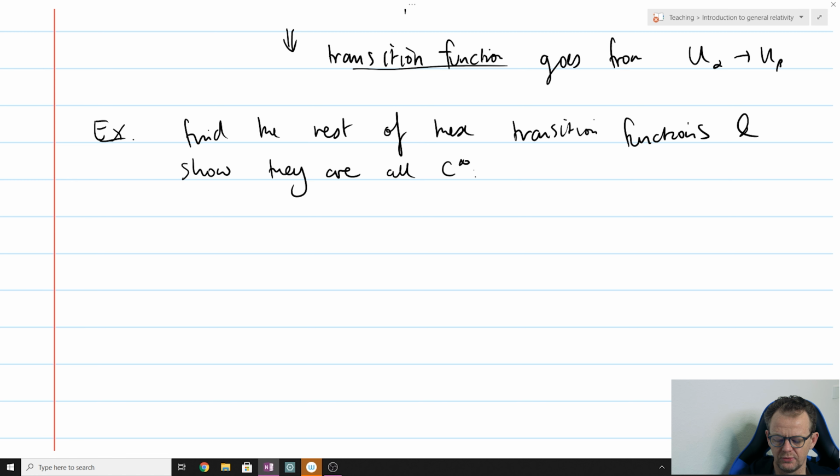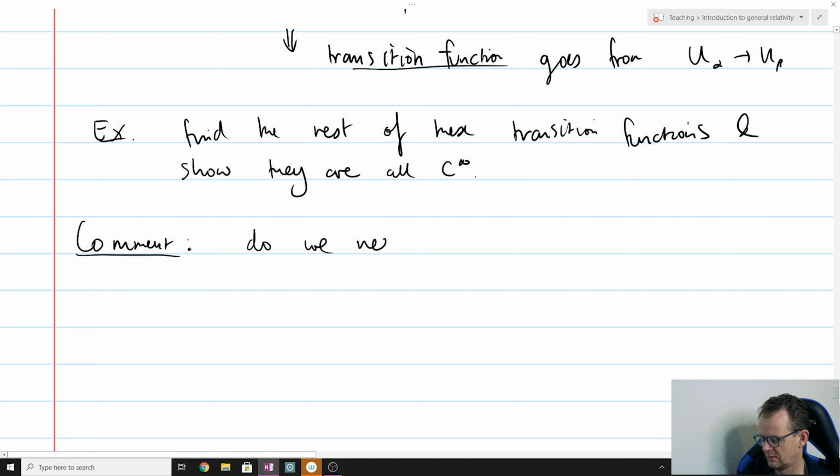Okay, so before we go on with building up manifolds and the theory of manifolds, I just want to comment: do we need all this manifold stuff really? I've sort of touched on this earlier, but I want to amplify this point.